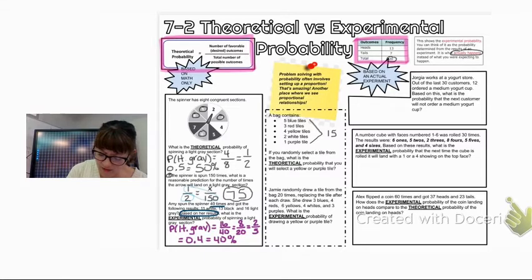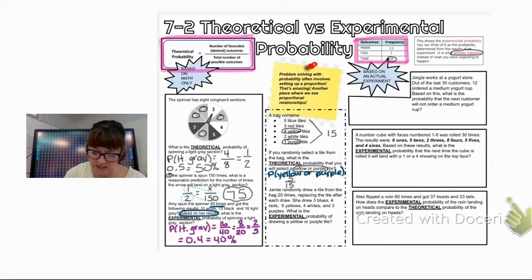We want the theoretical probability of selecting yellow or purple. There are 4 yellow and 1 purple. So the probability of getting yellow or purple, well, the total number was 15. 4 yellow and 1 purple, so that's 5.